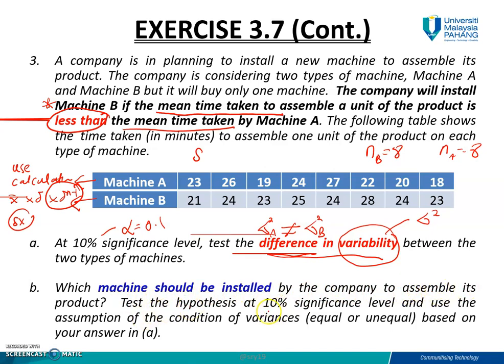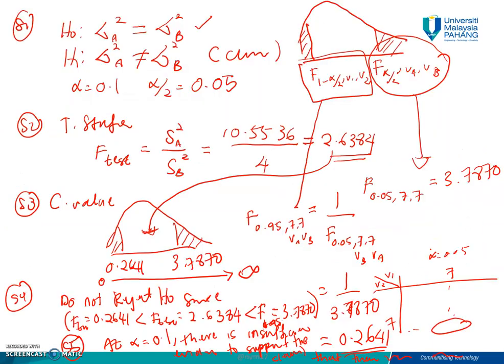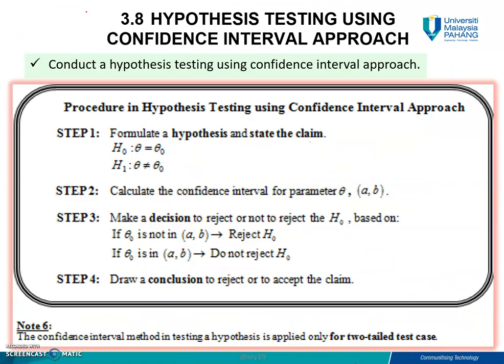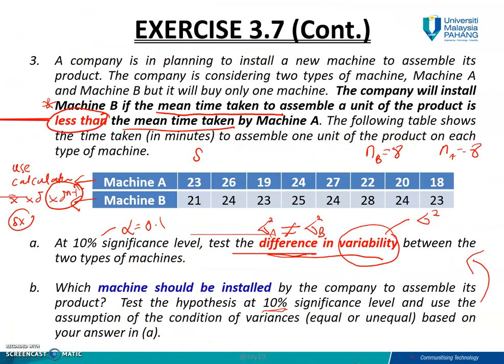Test the hypothesis at 10% significance level and use the assumption of the population variance based on your answer in A. So based on your answer in A, what is your answer here? Do not reject H null, isn't it? That means population variance A equals population variance B.